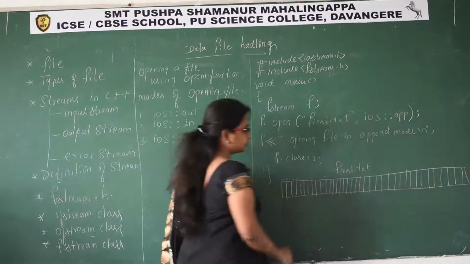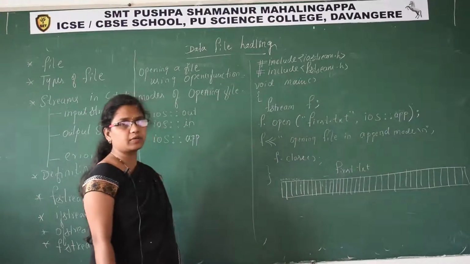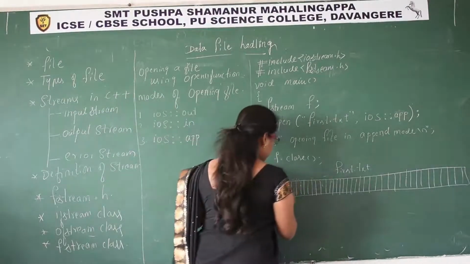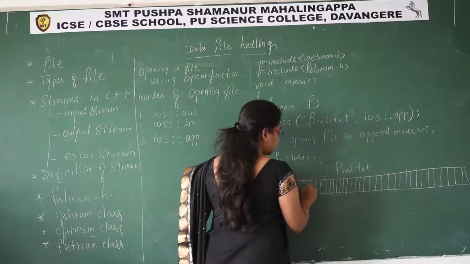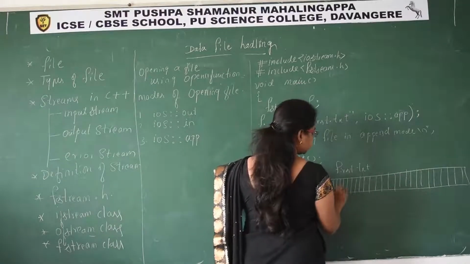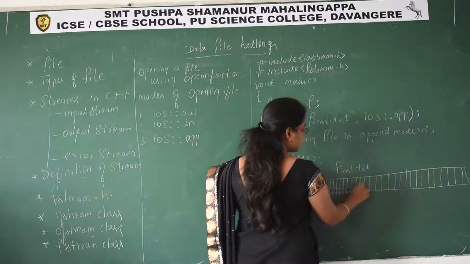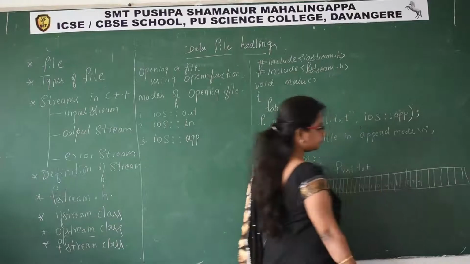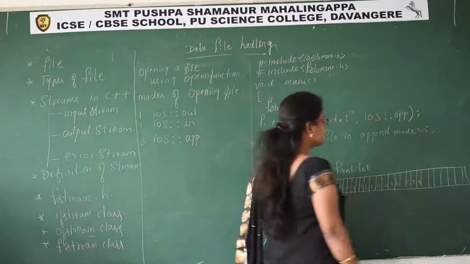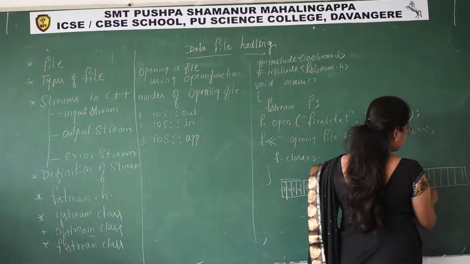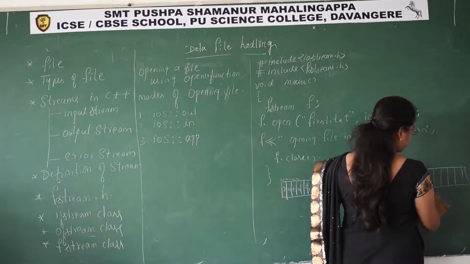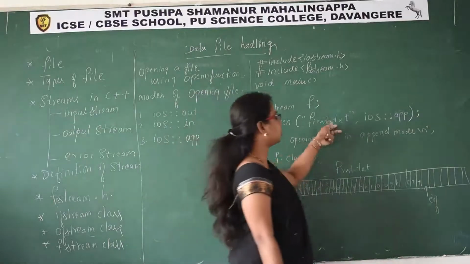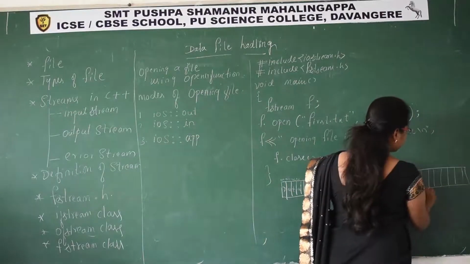Using that previous program, I had written some text into this file, that is, data file handling through C++. So at that moment, this is the end of the file, EOF, isn't it? Now I opened the same file in append mode. Now the cursor is blinking at this point.